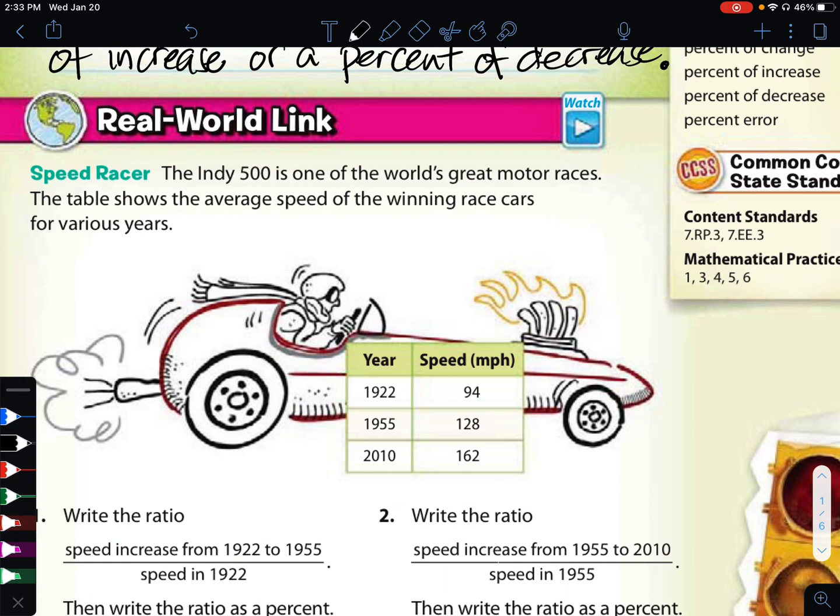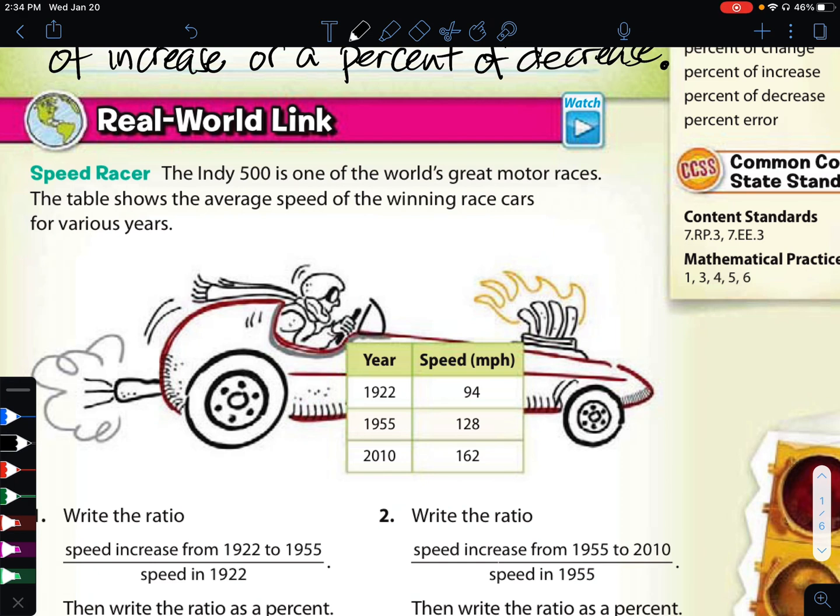In Speed Racer, the Indianapolis 500 or the Indy 500 is one of the world's great motor races. The table shows the average speed of the winning cars for various years.